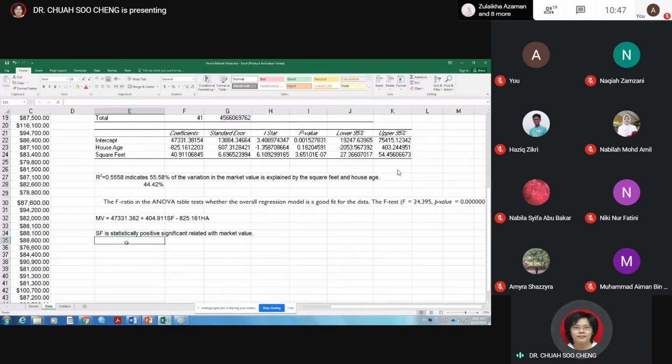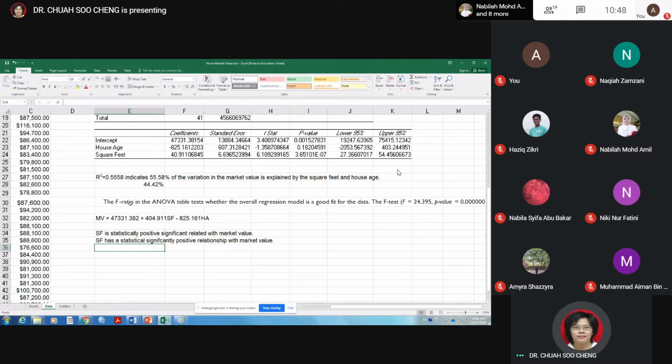Or if you don't like that, you can put a statistically significant positive relationship. This is how you construct your sentence.